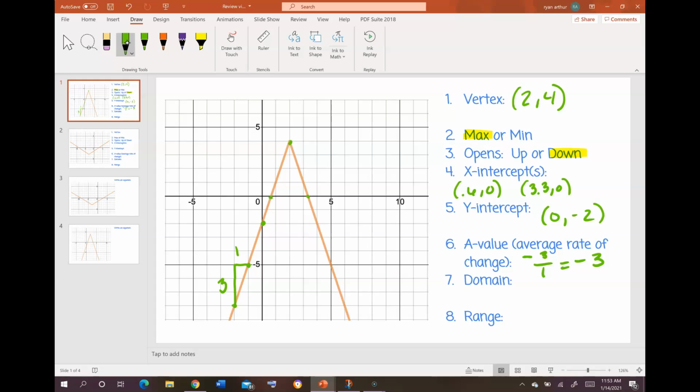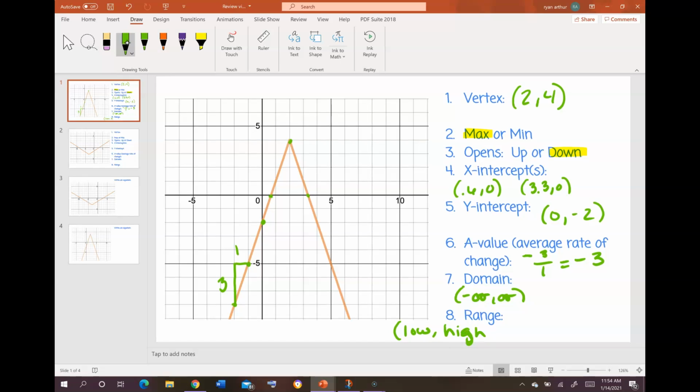I told you guys the domain for an absolute value is always -infinity to +infinity. Your range, I also saw a lot of problems when the graph opened down. When your graph opens down, you still have to remember: how low does your graph go? It is how low to how high.